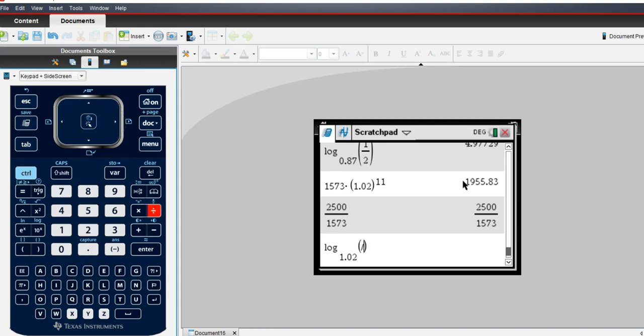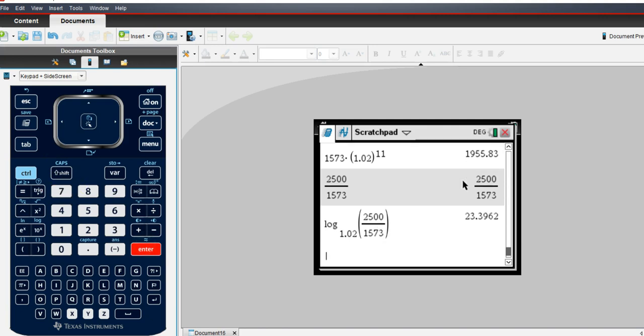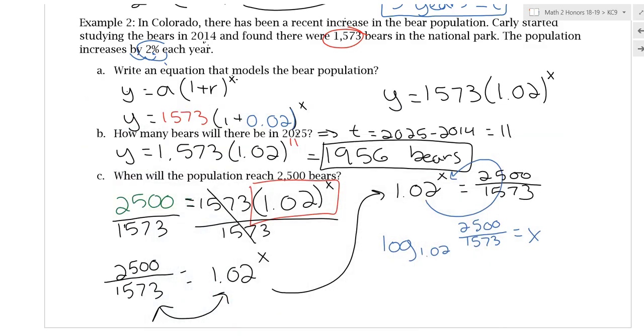I'm going to type this fraction in. We get 23.39, blah, blah, blah. We'll round down. It's going to be about 23 years.